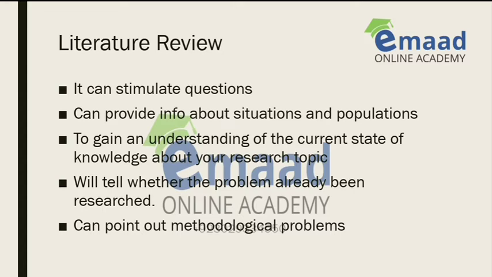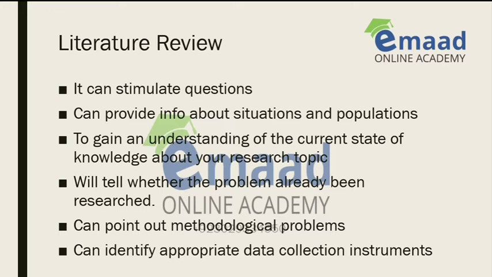And the literature review can point out methodological problems as well. For example, it can identify appropriate data collection instruments, and it can tell you which types of methods were not usable, and which data collection instruments are difficult to use in a particular situation, for which type of research a questionnaire was the best, and a survey was the best, and personal interviews were the best.